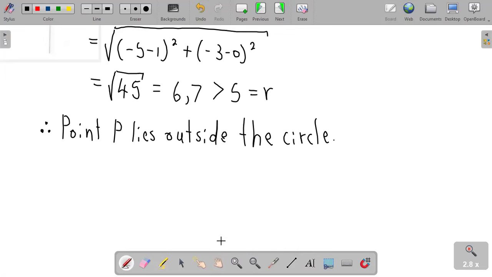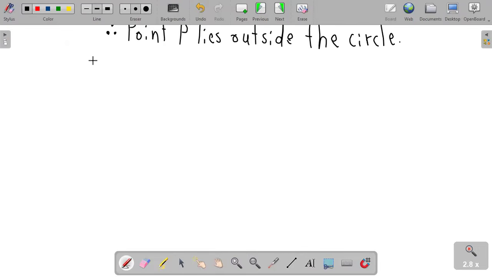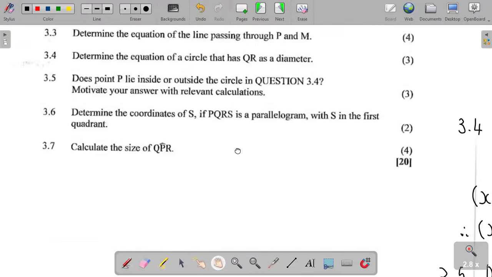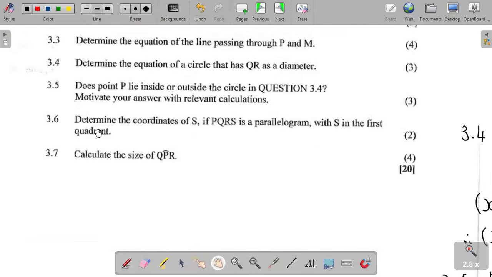And then 3.6. What are we required to find for 3.6? Determine the coordinates of S if PQRS is a parallelogram with S in the first quadrant.